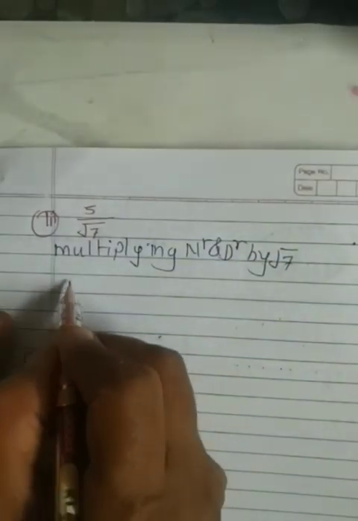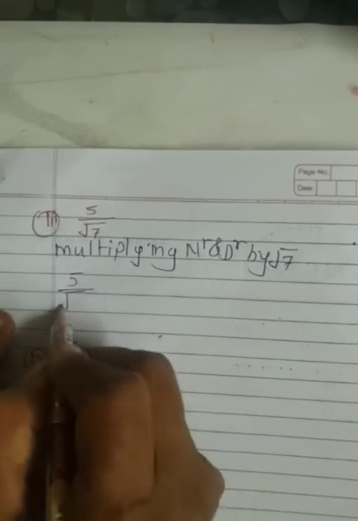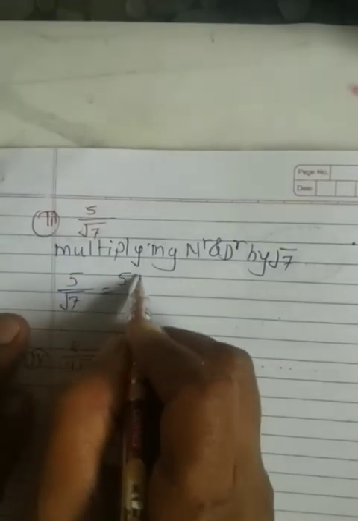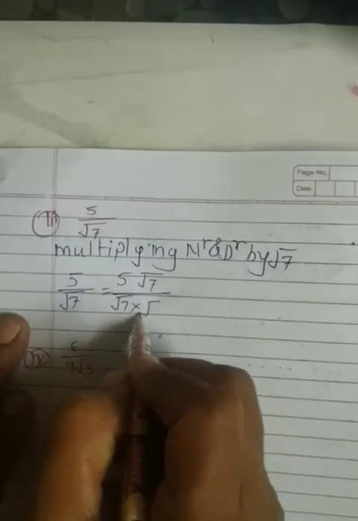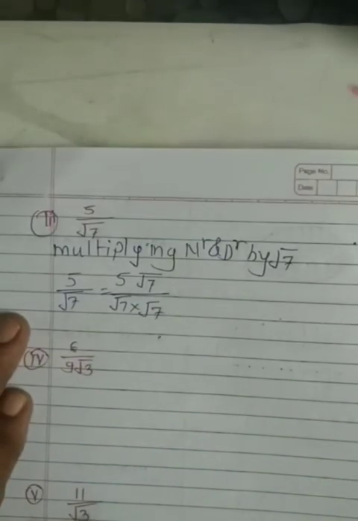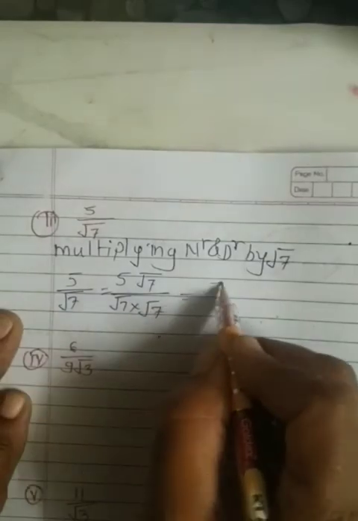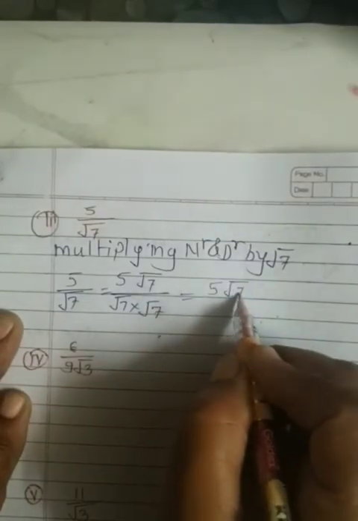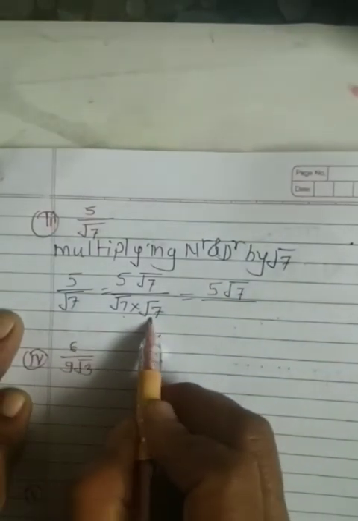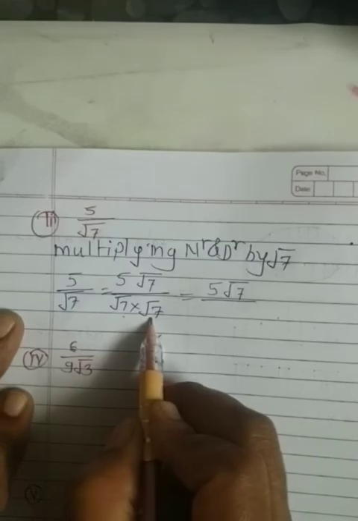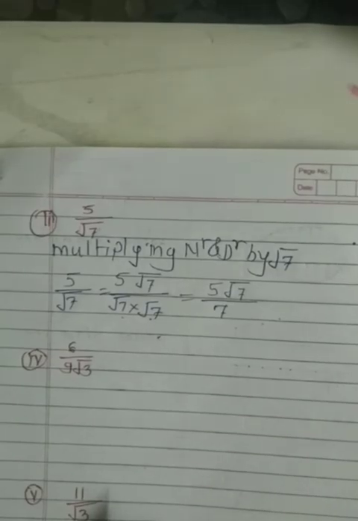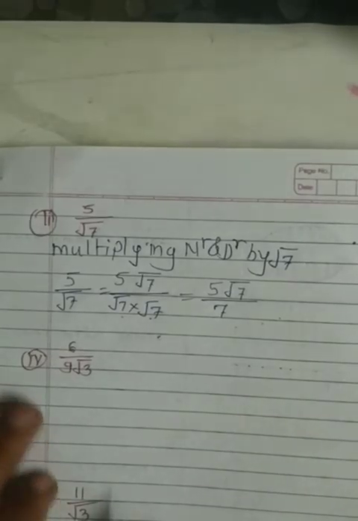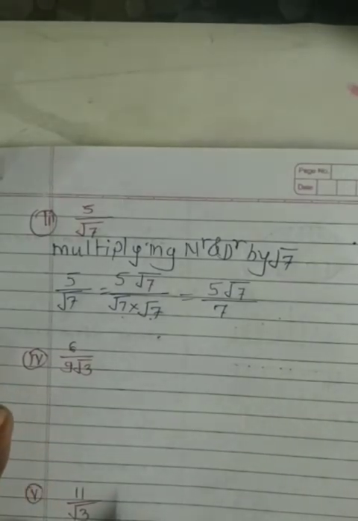Here we obtain pi upon root 7 is equal to pi into root 7 over root 7 into root 7. Simplifying, we obtain pi root 7 in the numerator, and the product in the denominator is root 49, which simplifies to 7. So the answer is pi upon 7 into root 7.